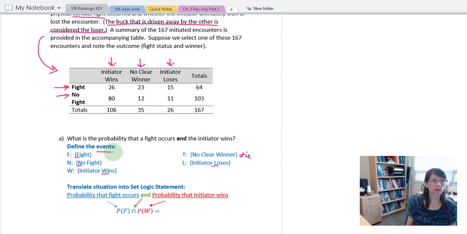Now that we have all of the events listed, we'll consider the question again. What is the probability that a fight occurs and the initiator wins?